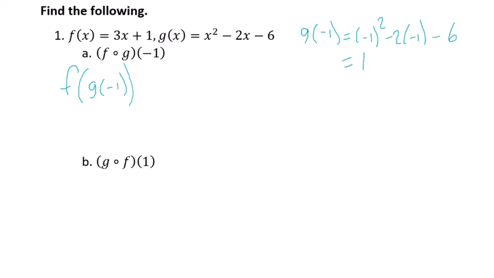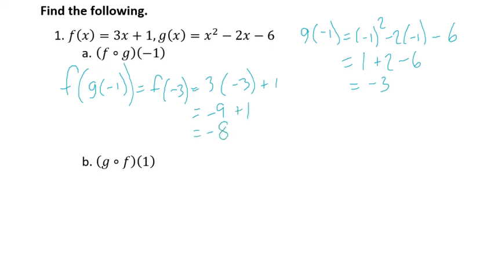So that is 1 plus 2 minus 6, which is 3 minus 6, which is -3. So now this is f of -3, which is 3 times -3 plus 1, which is -9 plus 1, which is -8.